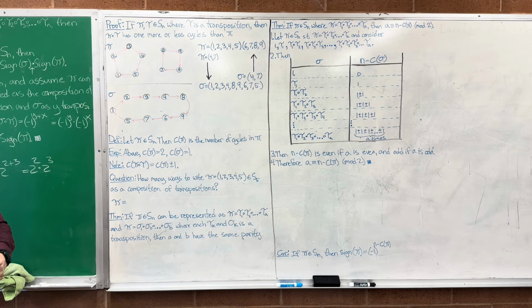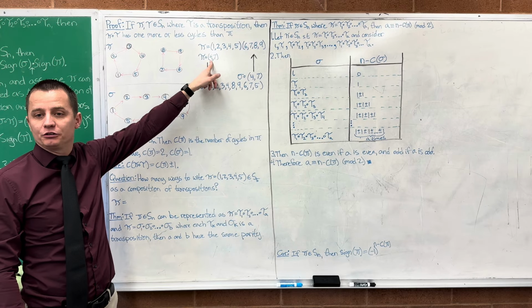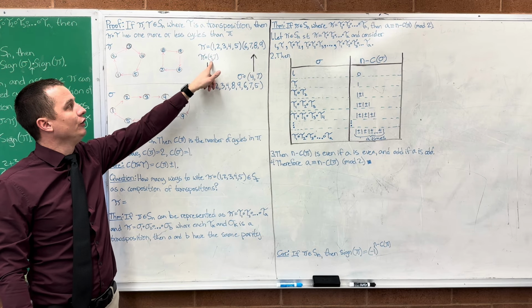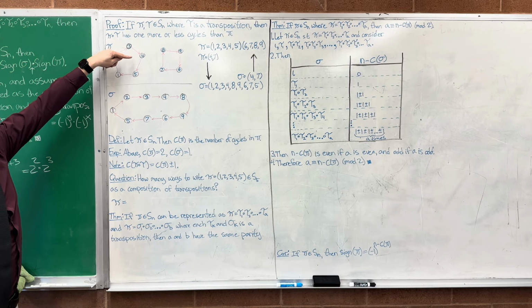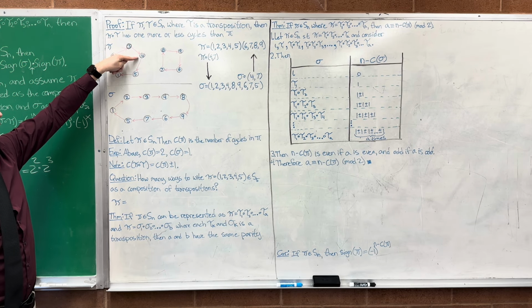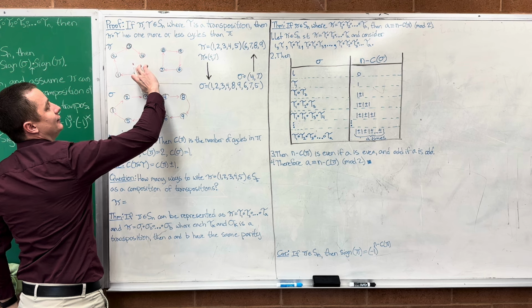What happens when I swap 4 and 7, whatever 4 used to go to, 7 now goes to. And whatever 7 used to go to, 4 now goes to. So, what does 4 go to in this picture? 5. So instead of 4 going to 5, this transposition is going to make 7 go to 5.